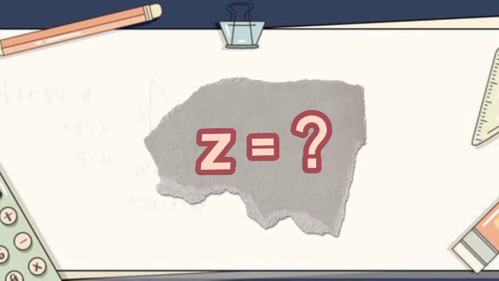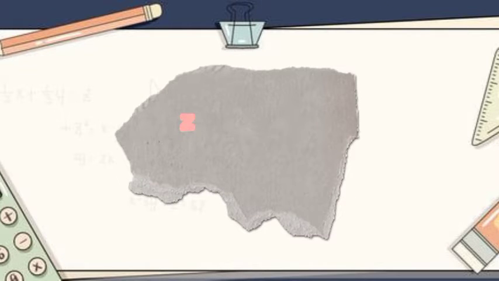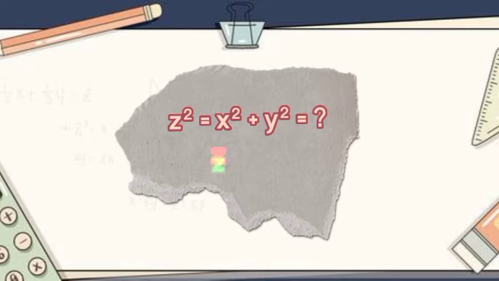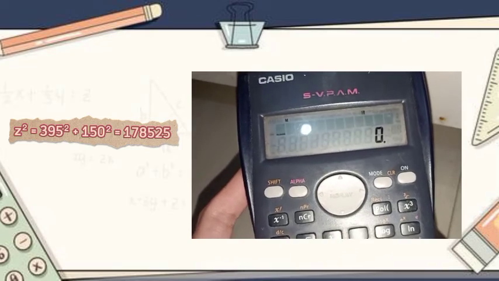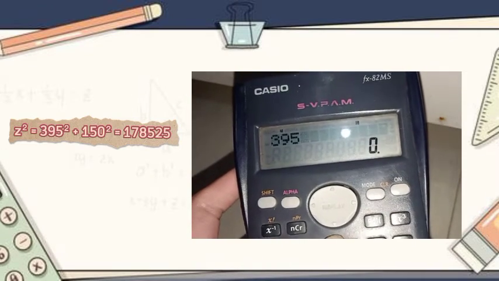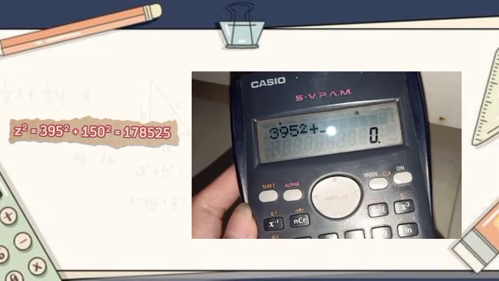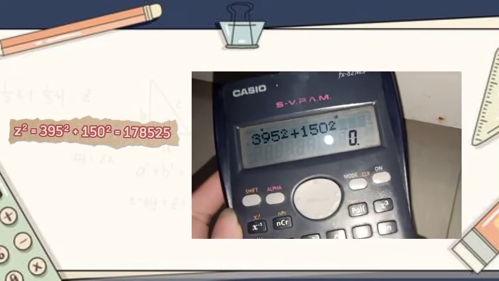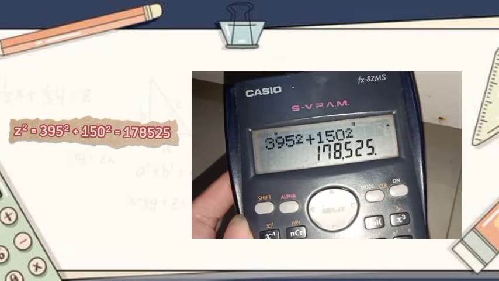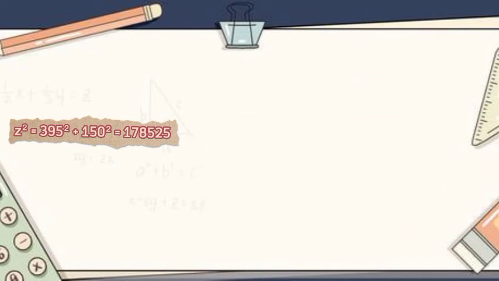So what is the value of Z? To find the value of Z, I use the Pythagorean theorem, and that is Z squared equals X squared plus Y squared, and we need to get the square root of the answer. I substitute the given values to the formula, and it becomes Z squared equals 395 squared plus 150 squared equals 178,525.